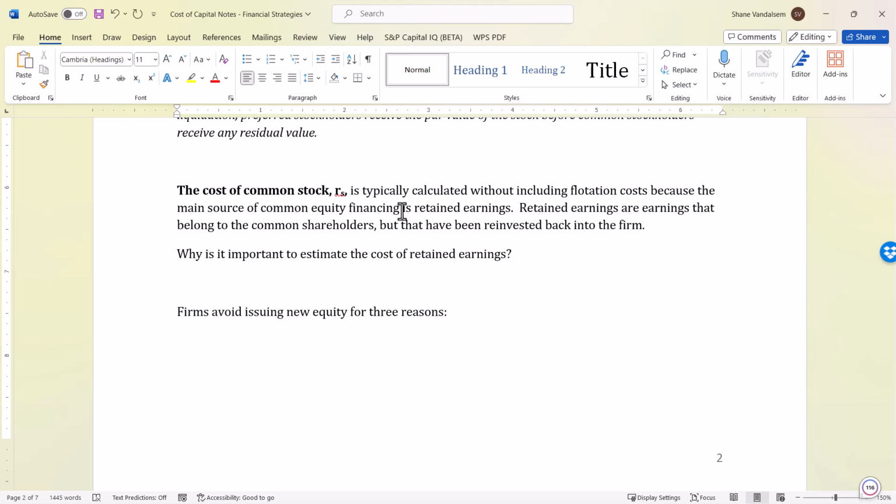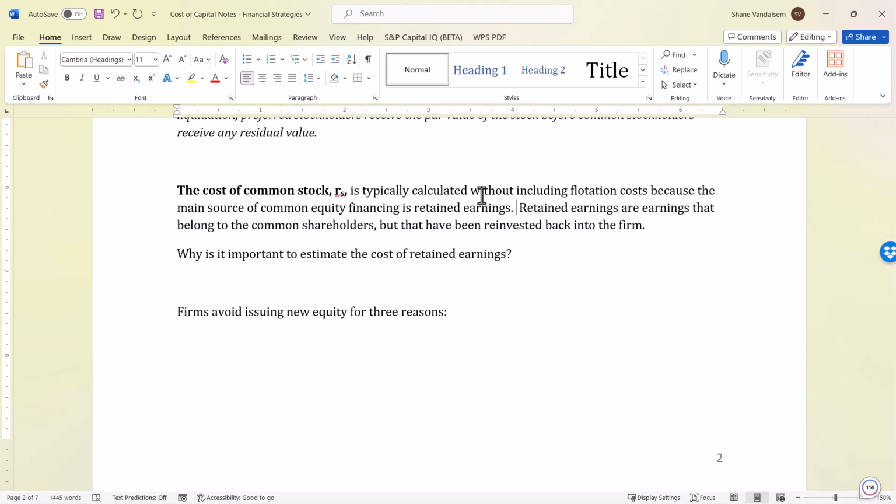Okay. From time to time, they might pay out some of this. So they might pay out some in the form of dividends, or they might pay out through stock repurchases, which we're going to talk about later on in the course. But most of the money that they're going to get from stock will come in the form of retained earnings.